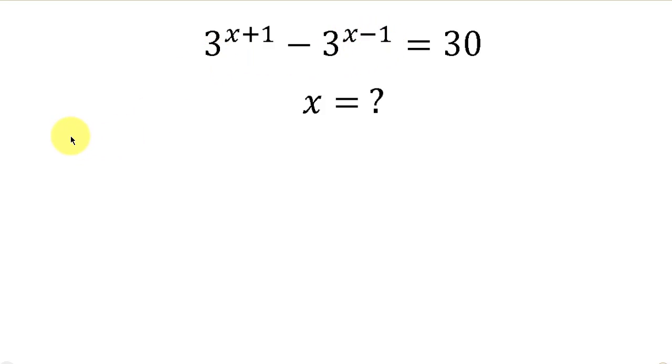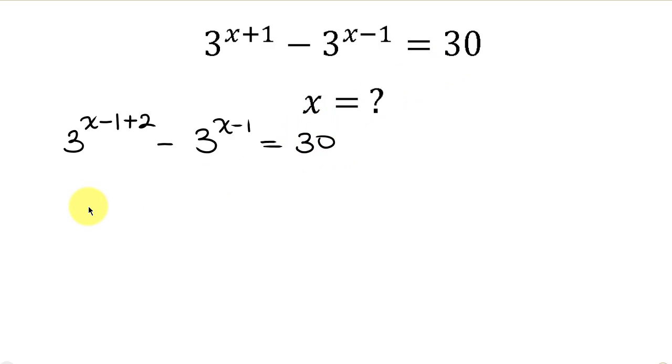So we have 3 to the, instead of writing x plus 1, I'm going to be writing x minus 1. But in order to make this the same as x plus 1, I will have to add 2. So that negative 1 plus 2 is 1. So we have x plus 1 just like this. Minus 3 to the x minus 1 equal to 30.